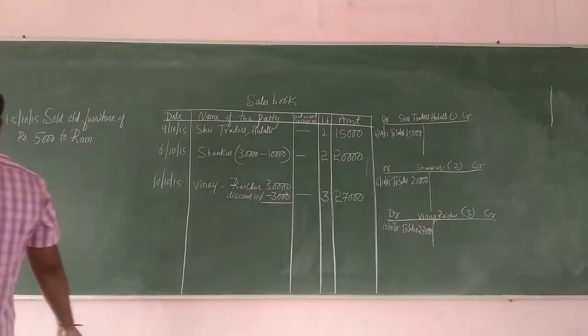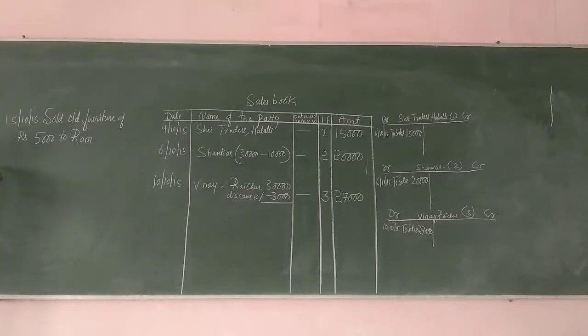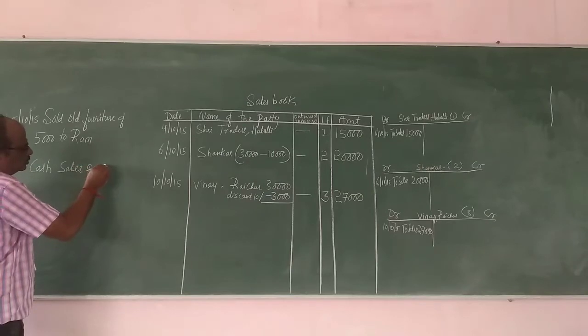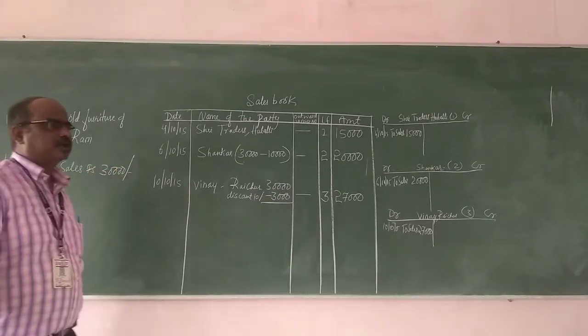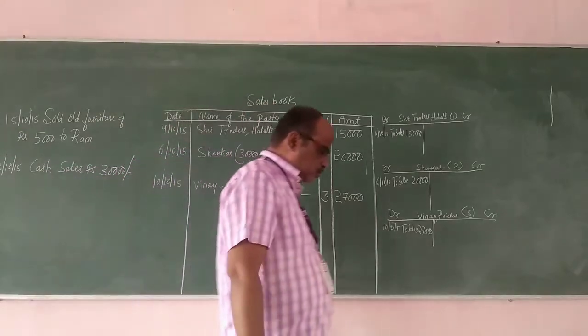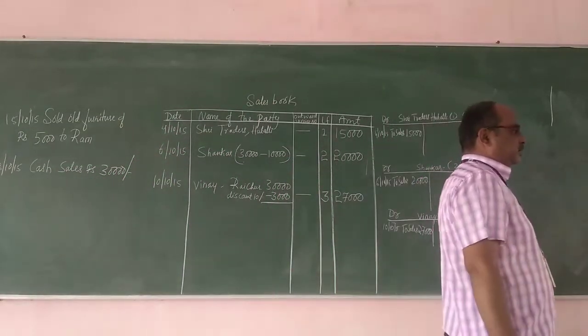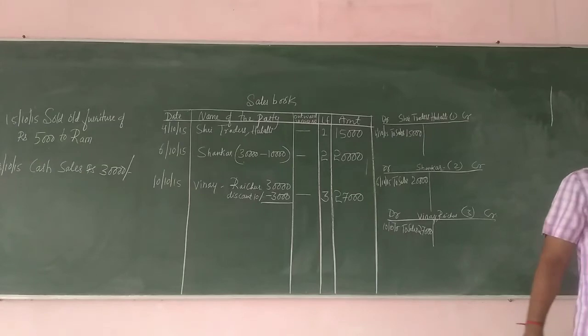So let us take one more transaction. Cash sales, rupees 30,000. Cash sales means goods sold for cash. Goods sold for cash.